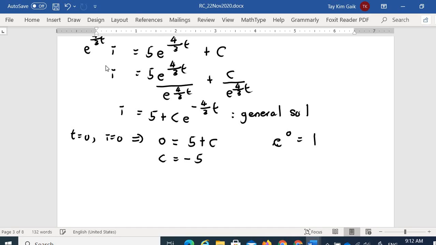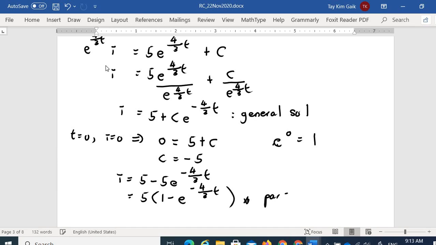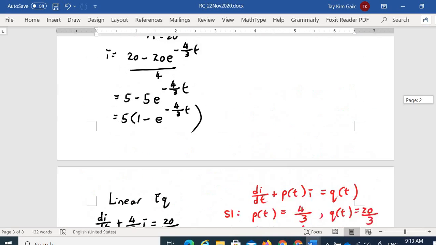Plug in c, you get the particular solution. So i equal to 5 minus 5 exponent negative 4 over 3 t, or factoring out 5 you have 5 times 1 minus exponent negative 4 over 3 t, which is the particular solution. The general solutions look like different forms, but the particular solution will be the same.